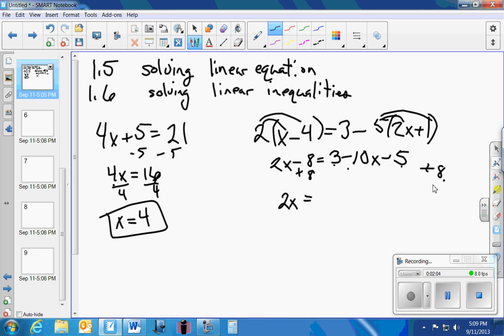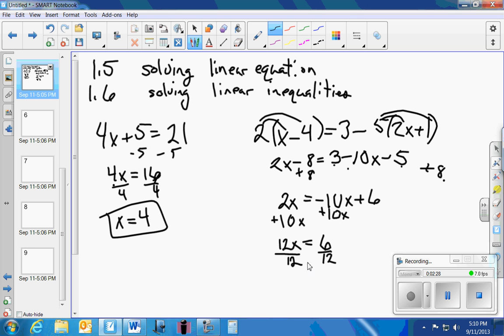So negative 2 plus 8 will be positive 6. So I will have negative 10x plus 6. Then I'm going to add 10x to both sides, and I will get 12x equals 6. And then I will divide by 12.